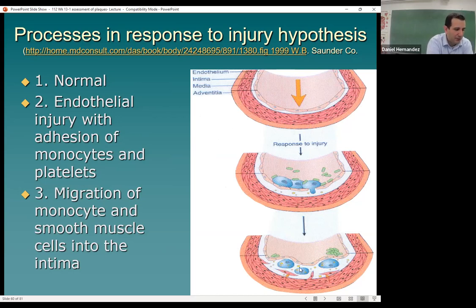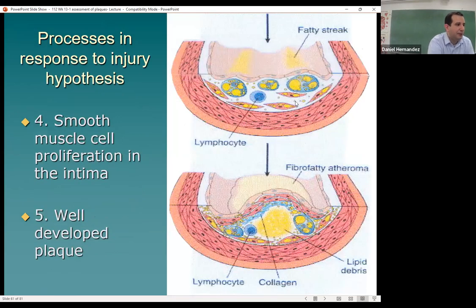They turn into foam cells and eventually start growing and growing. You develop the fatty streak now. And then eventually smooth muscle cells start working their way into the intimal layer, and the plaque becomes well developed.